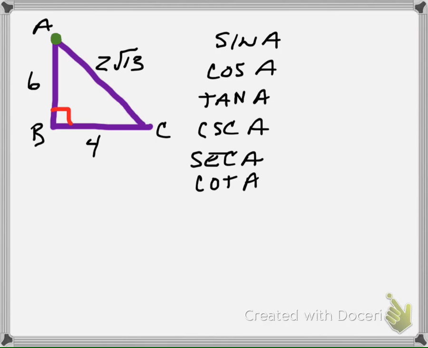So standing at A, I know right off the bat where the hypotenuse is. If I'm standing at A, the furthest side away is the opposite side, so that's 4. And the only side that's left, the leg that's next to the angle, is the adjacent.